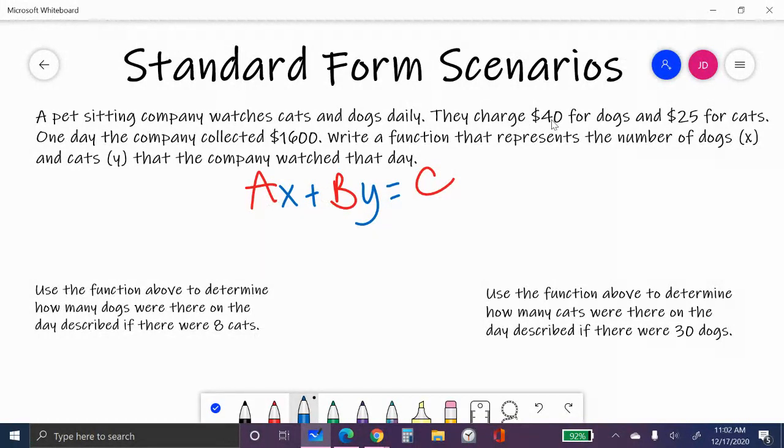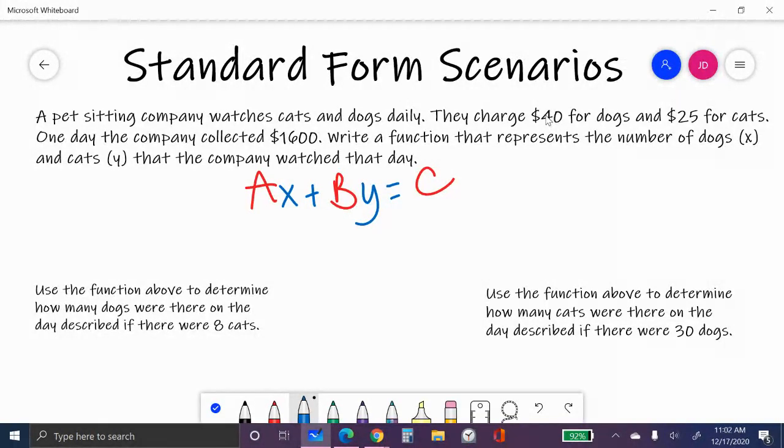So they charge $40 for dogs, $25 for cats, for a total of $1,600. Usually the C value is a total. All right. And we know in this case, the number of dogs is X and the number of cats is Y. So $40 for dogs.